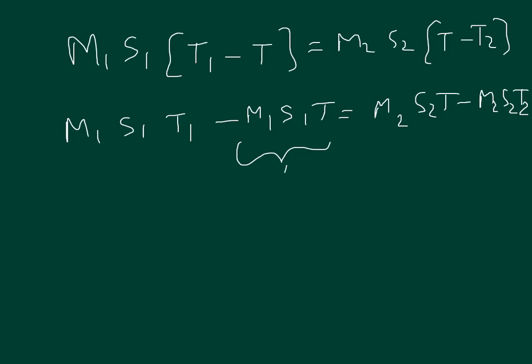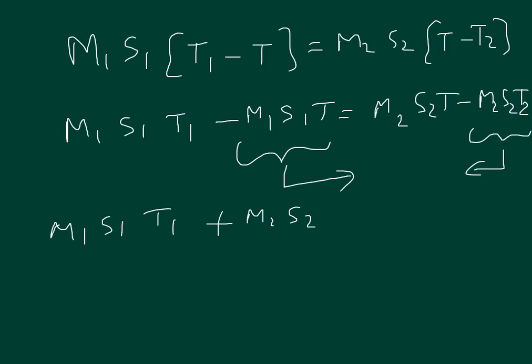So I am sending this capital T to this side and the minus terms to opposite sides, so that from that information I can write M1 S1 T1 plus M2 S2 T2. What happened here? I just brought minus M2 S2 T2 to this side, it became plus M2 S2 T2. Now this minus M1 S1 T I will take to the other side, it will become positive.